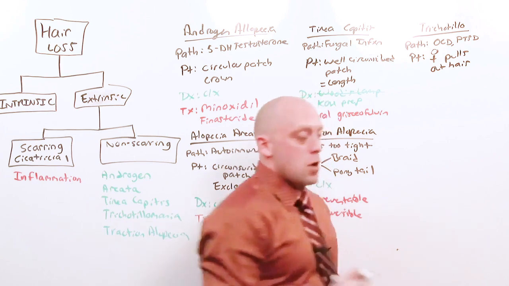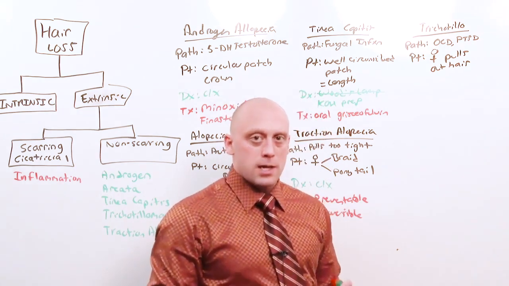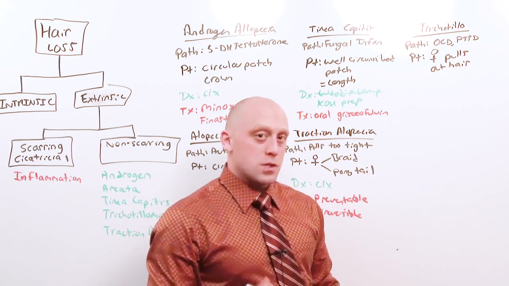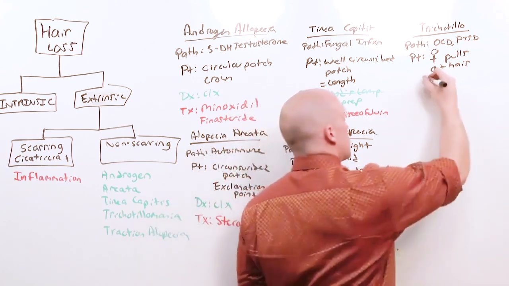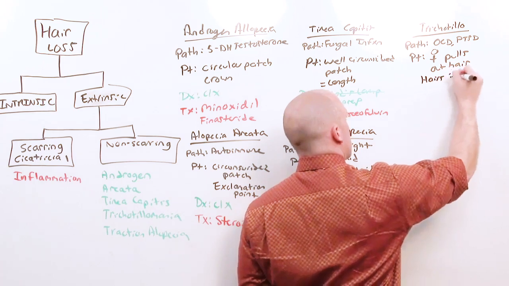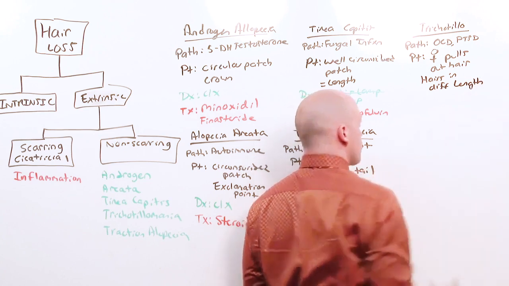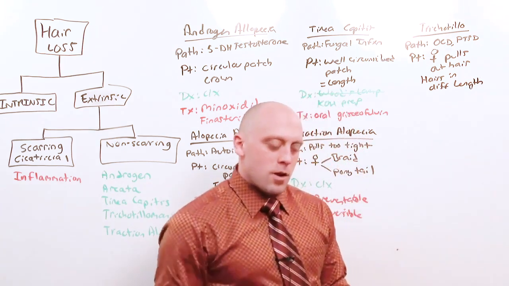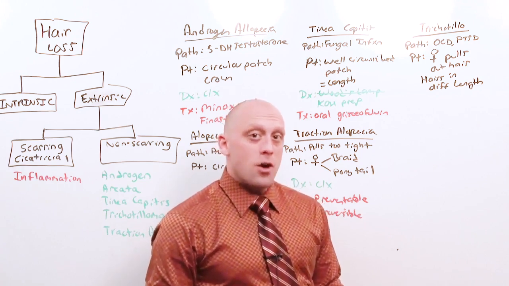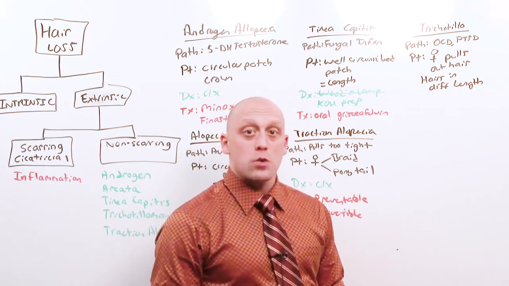And the thing is, because she's doing it one strand at a time, you might notice that the hairs are in different lengths. And if you shave a patch into her head, all the hair follicles are going to grow at equal lengths.